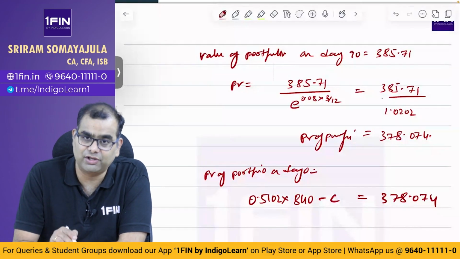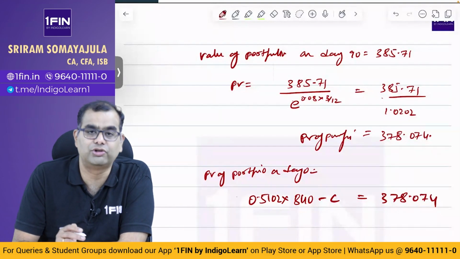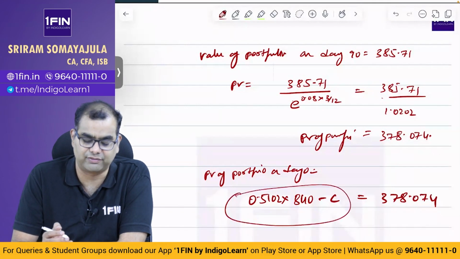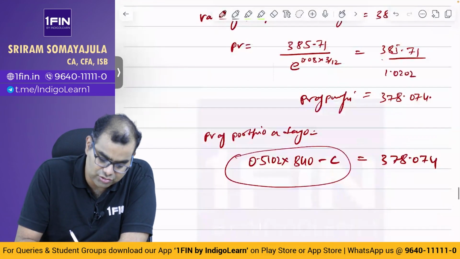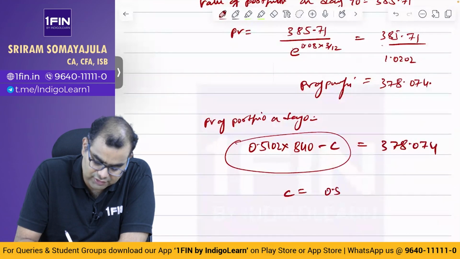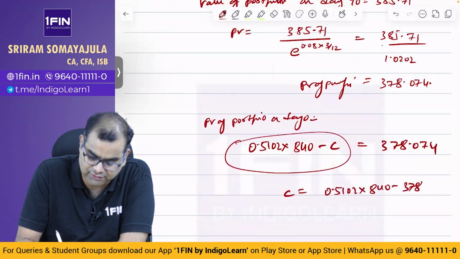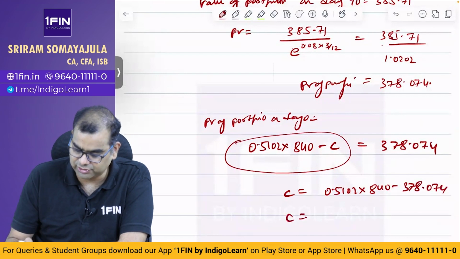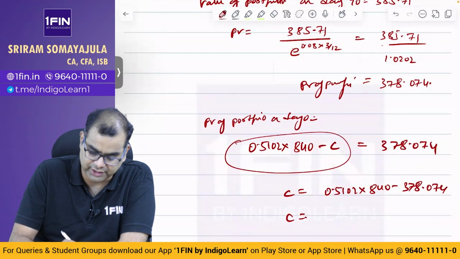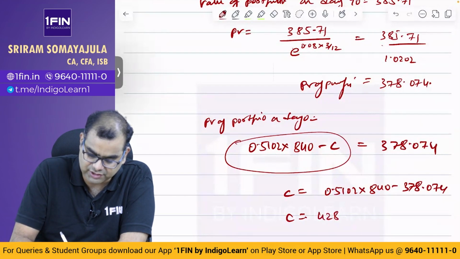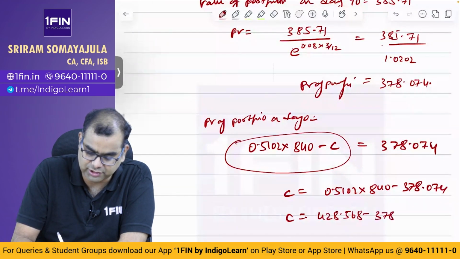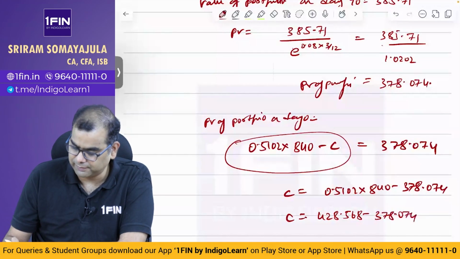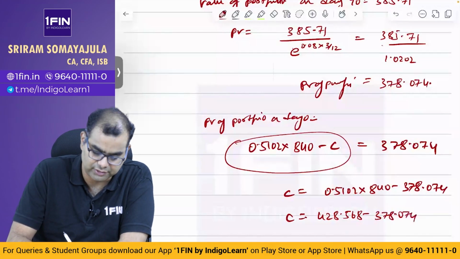We already know the present value of the portfolio is 0.5102 into 840 minus C, so we are equating both. So C will be 0.5102 into 840, which is 428.568, minus 378.074, which is 50.49.